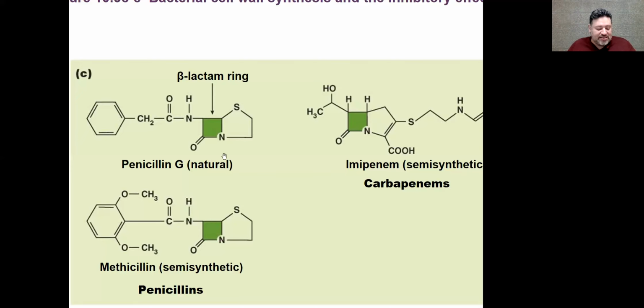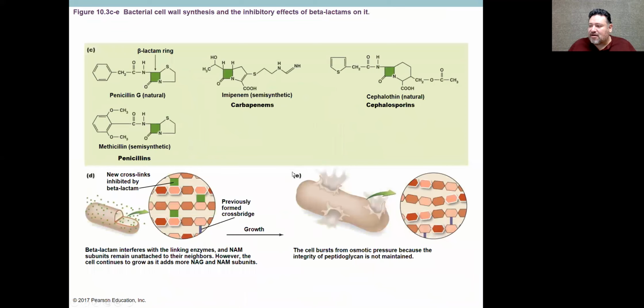So you can see that all these antibiotics that target the peptidoglycan cell wall have that beta-lactam ring. Do you see that? Whether it's the original penicillin or methicillin or some of the more contemporary ones, they'll all have that same general motif.